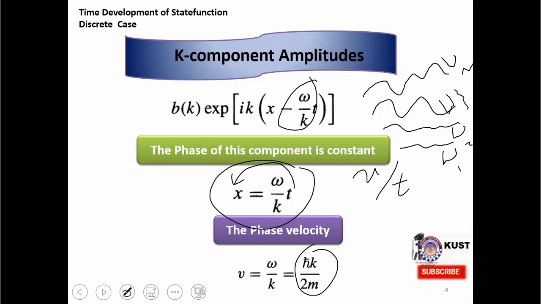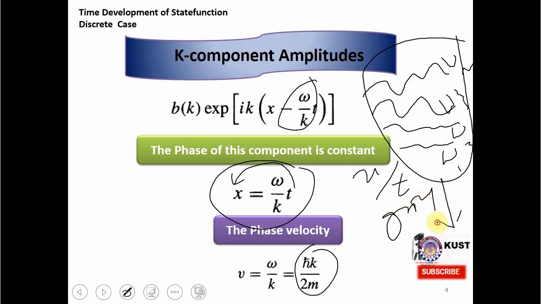But we will see in future slides that we will not be interested in the phase velocity, but in the group velocity. I mean, if all these components make one group and it travels with something, we call it a group velocity. So we will be interested in the group velocity with which the whole packet is traveling.